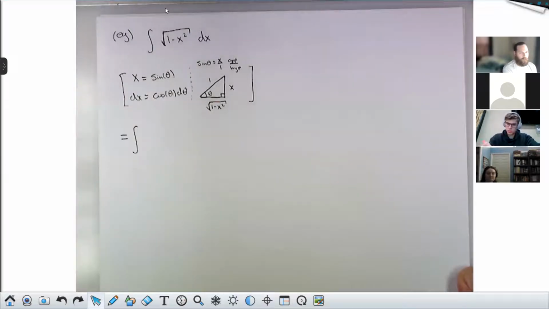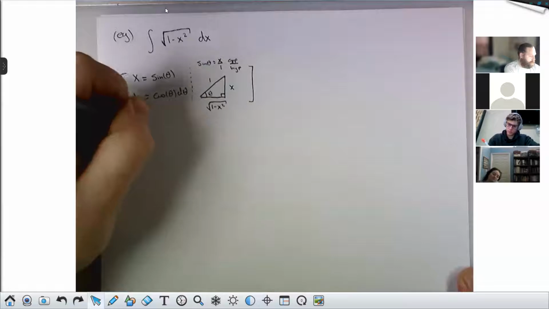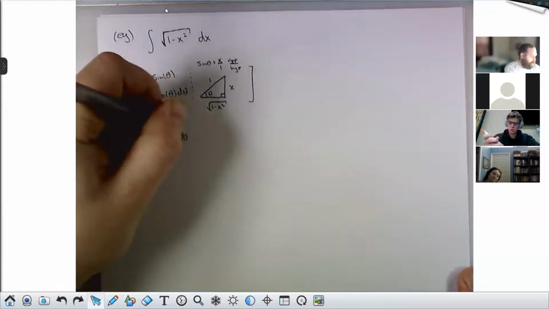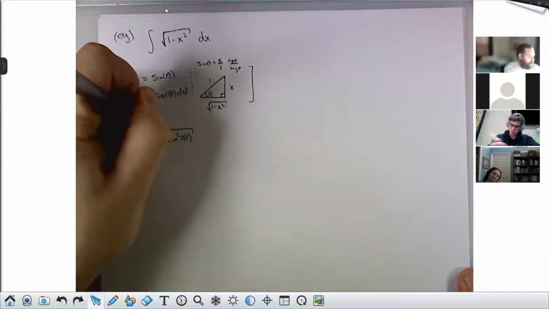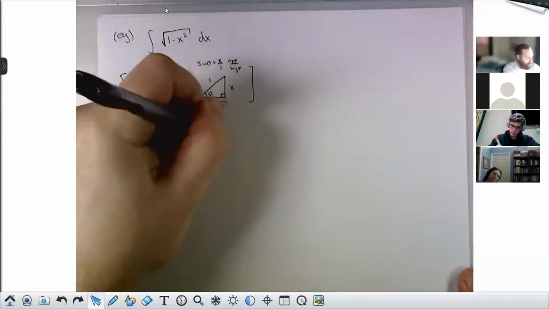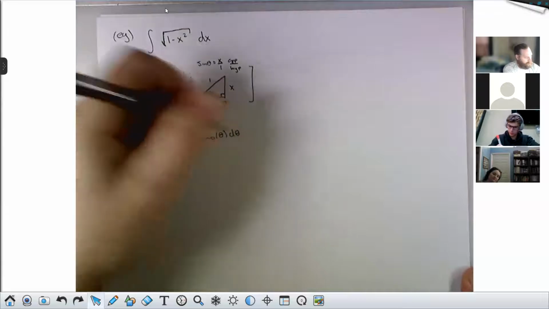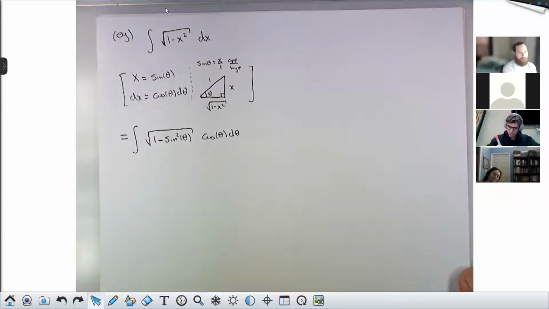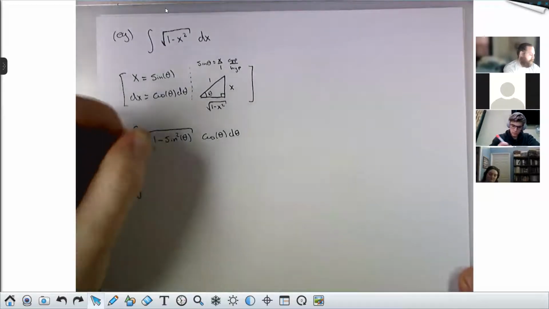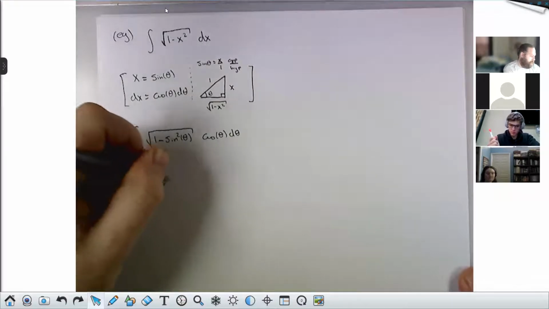Having done those three things, you're ready to plug into your integral. The square root of 1 minus x squared is the square root of 1 minus sine squared theta. Dx is cos theta d theta. And that's it. Now our trig identity tells us that 1 minus sine squared is cos squared.